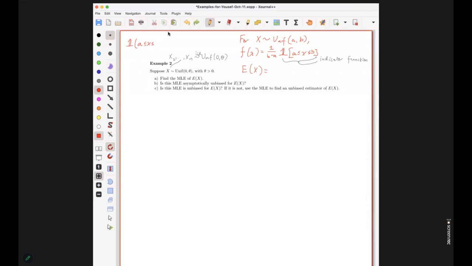Actually, I'll write this as condition. So this is equal to 1 if the condition is true, which in this case is to say that x is between a and b, and it's equal to 0 if false.